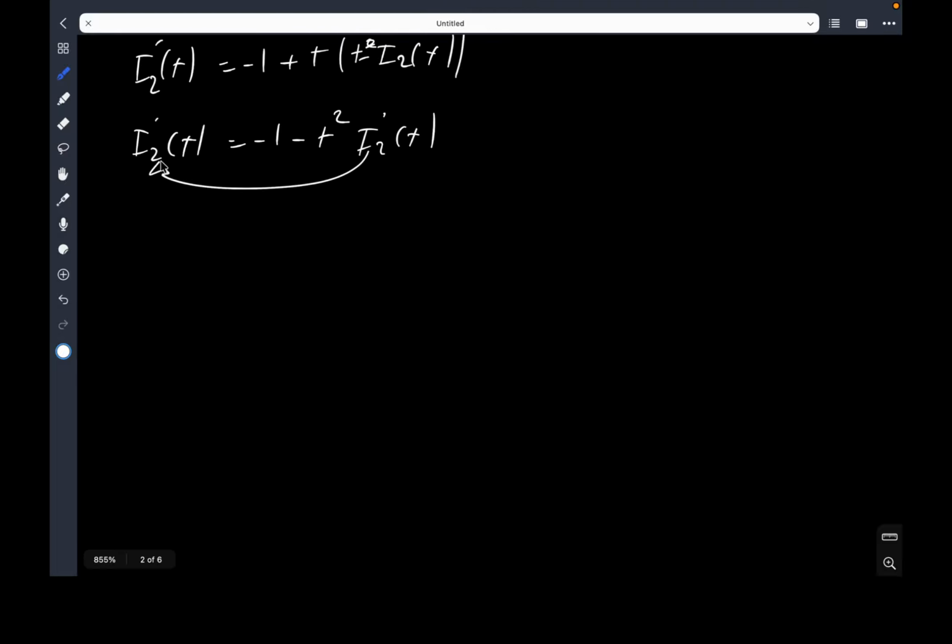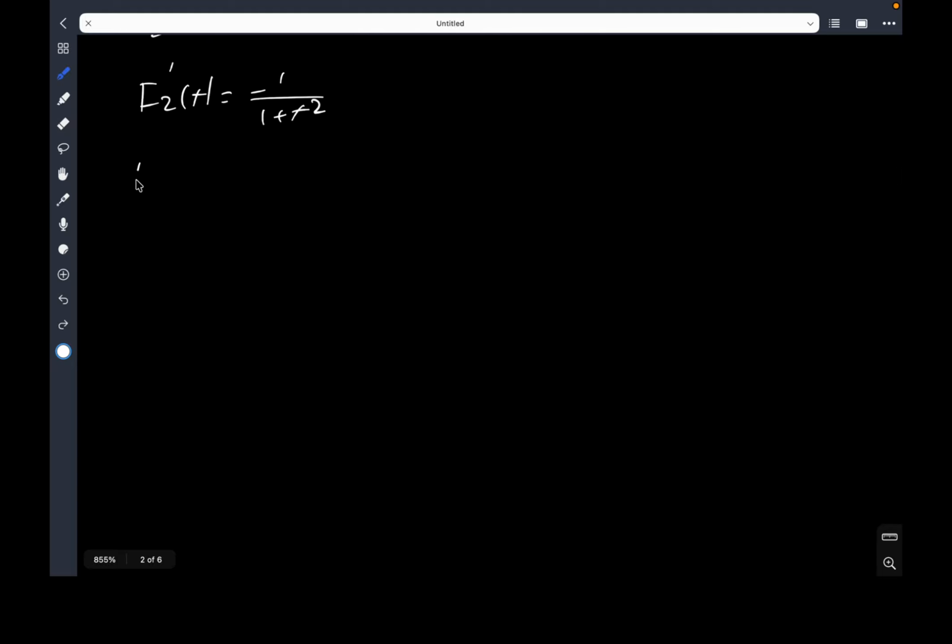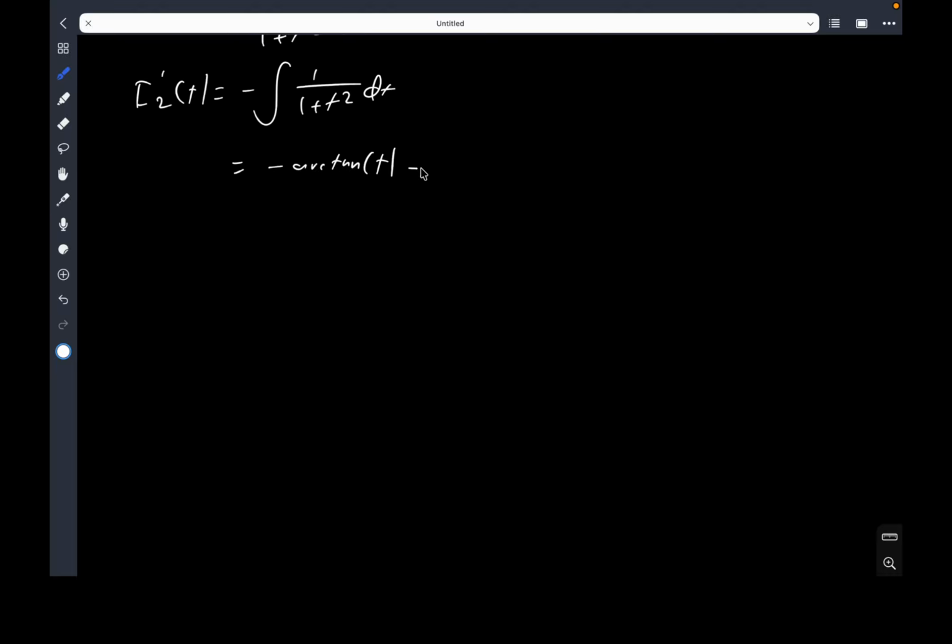And if I move it to this side, I'm going to get I second prime of t is negative 1 over 1 plus t squared, which if I integrate, I second prime of t is negative 1 over 1 plus t squared dt. This is actually the derivative of arctan of x. Thus, we're going to have negative arctan of t plus c.